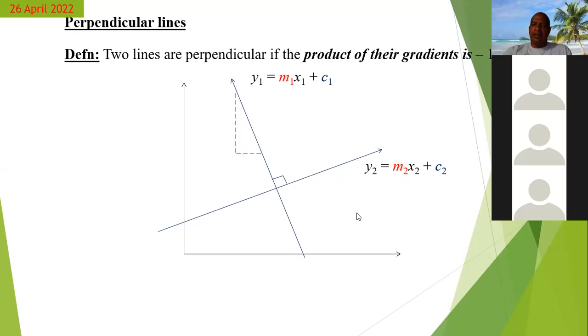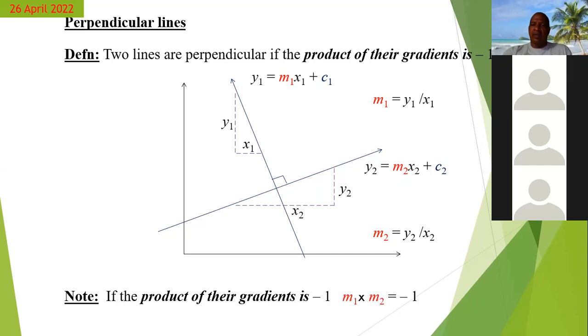If we find the gradient of the first one, we get M1 equal to Y1 over X1. For the second one, we get M2 equal to Y2 over X2. So what you realize is that one is the negative reciprocal of the other.